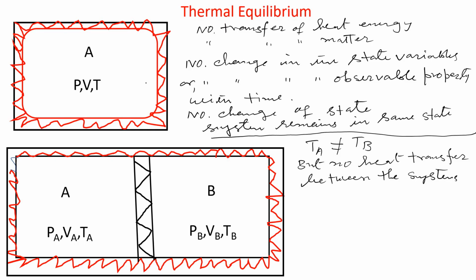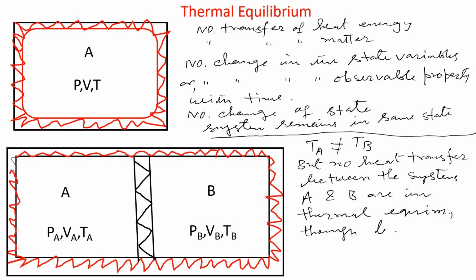Then we can say here, as there is no heat transfer, that A and B are in thermal equilibrium, though the temperatures of A and B are different.